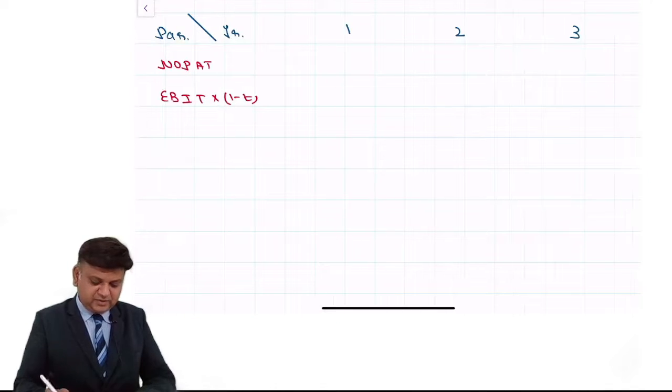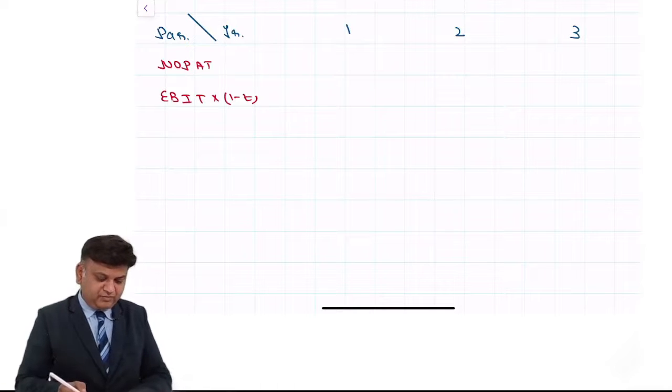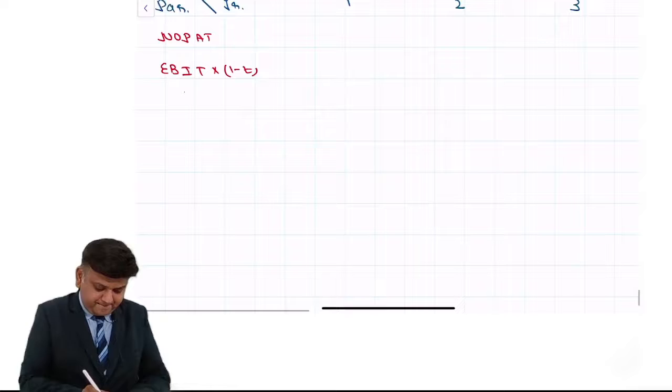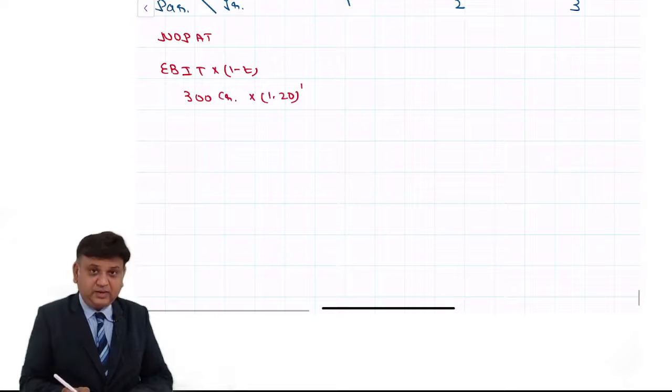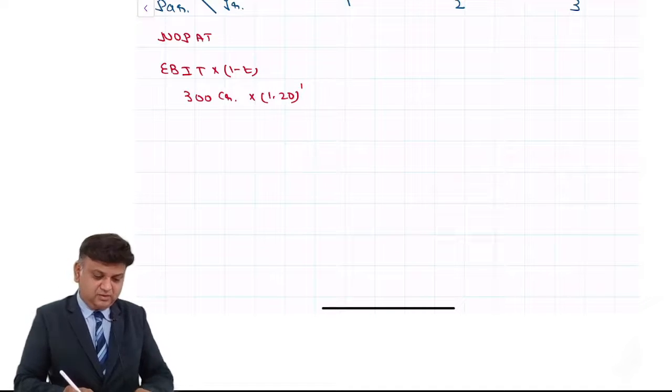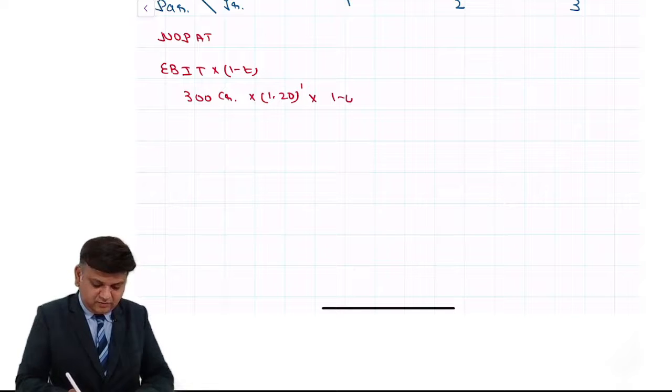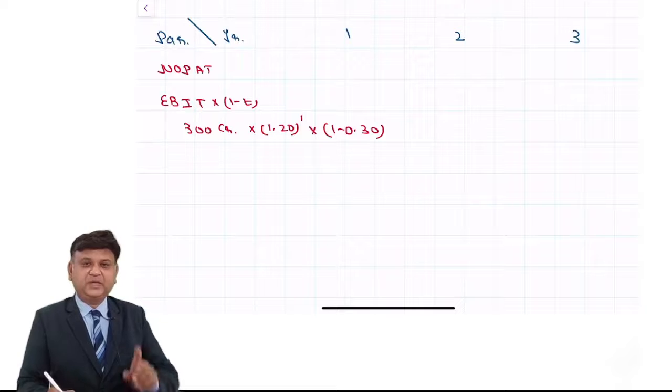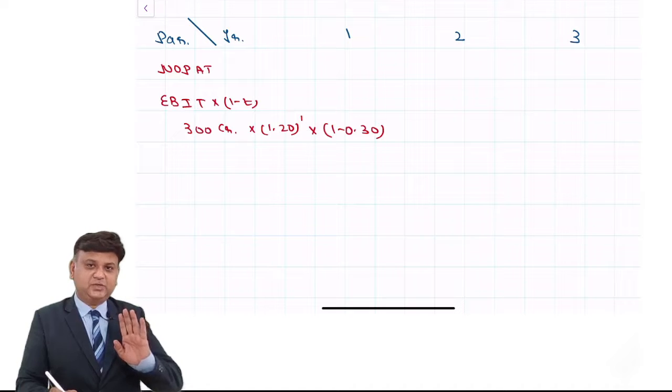So for the first year, listen carefully, it will be found like this: 300 crore into 1.20 raised to 1, that is the operating income at the end of the first year, into 1 minus the income tax rate of 30%. This is the answer for the first year.